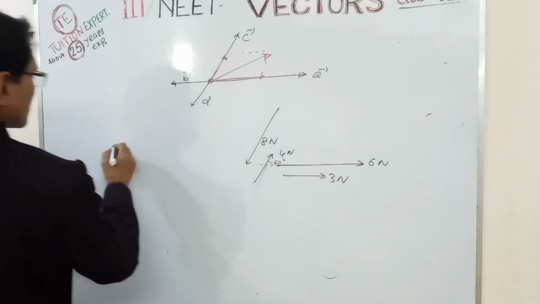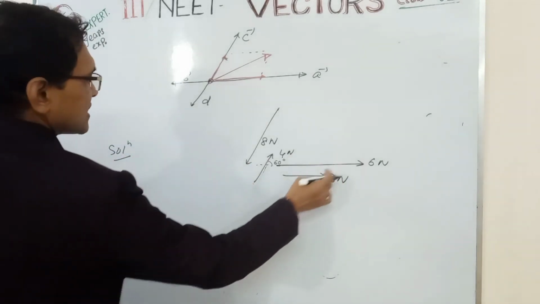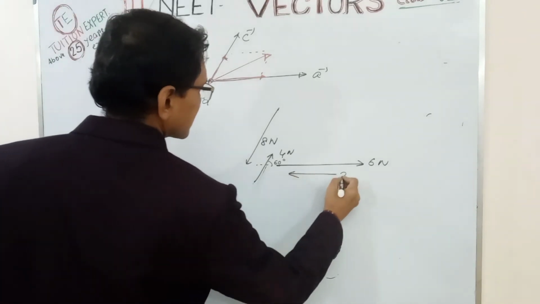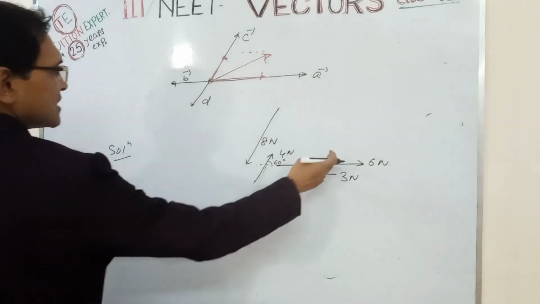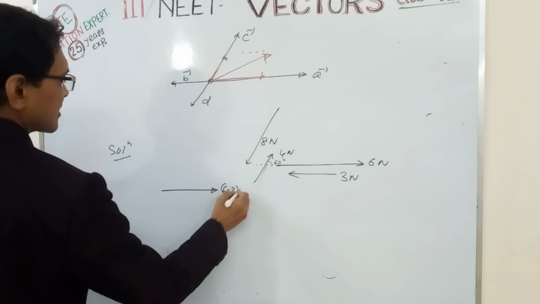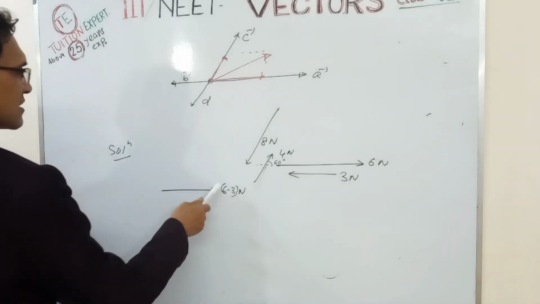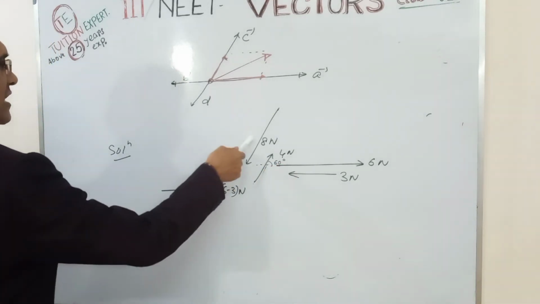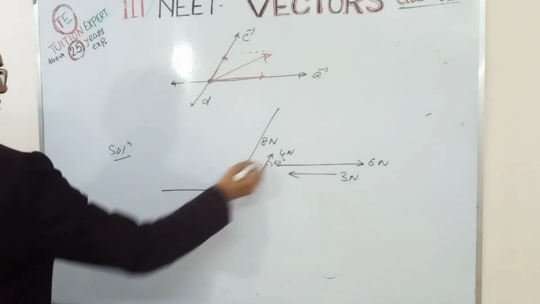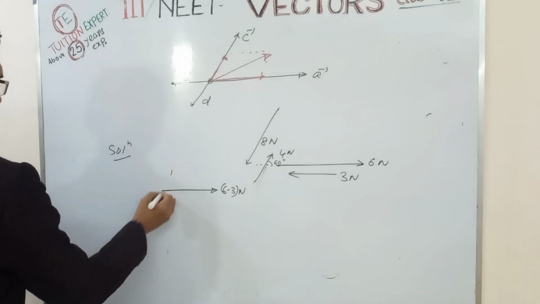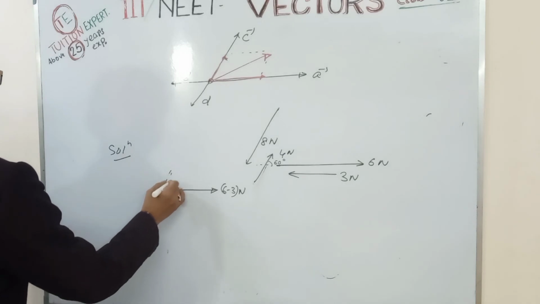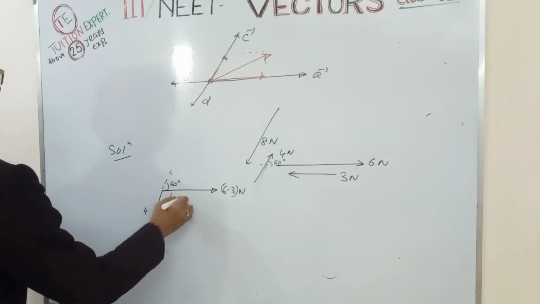The solution is that the resultant of 6 and 3 is in this direction, 6 minus 3 is 3 here, and here the resultant will be 8 minus 4, 4 in this direction. Now this angle is 60 degrees, so this angle will be 120 degrees.